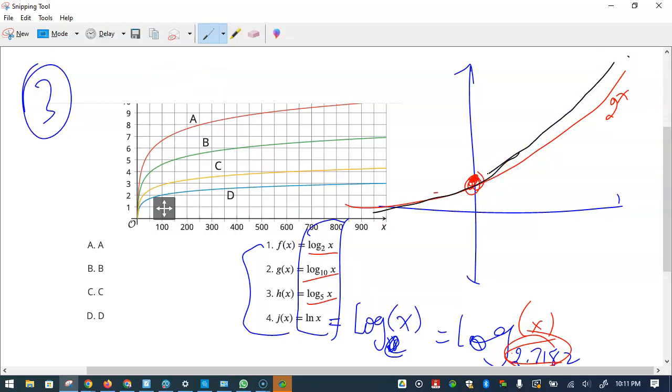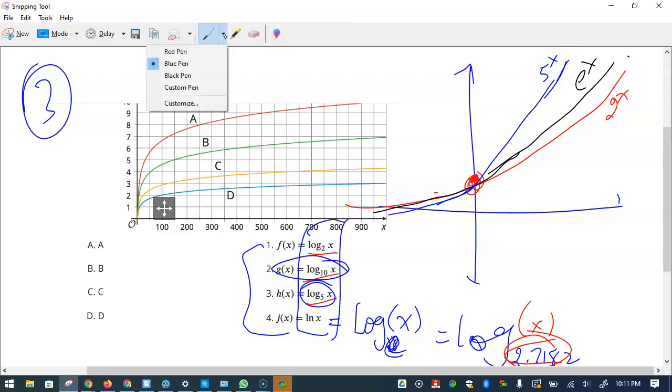This is e raised to x. Then I'm going to use blue to show 5 raised to x, something like this. And then finally there's the 10, which is quite a big number, so I'm going to use a different color. So this is 10 raised to x.